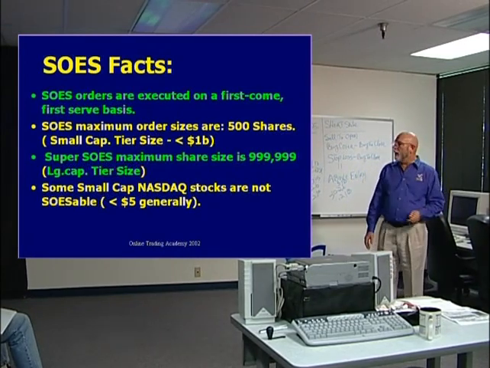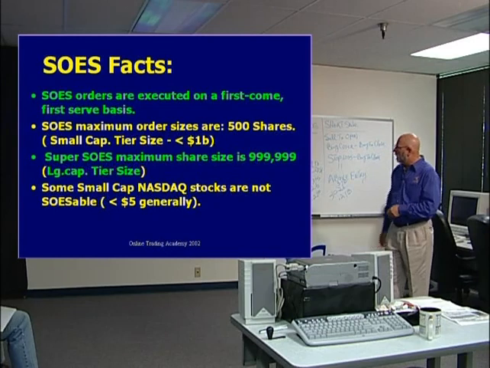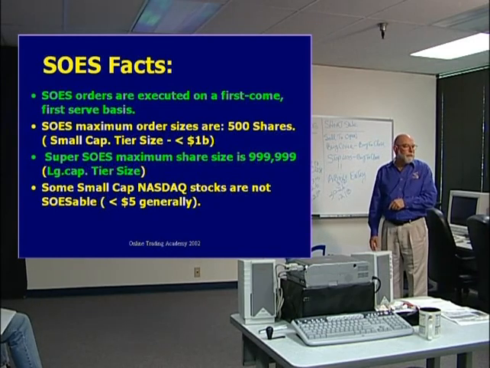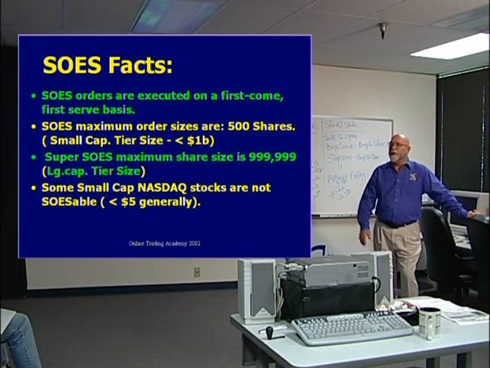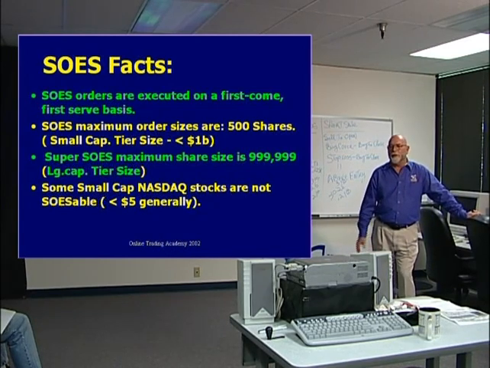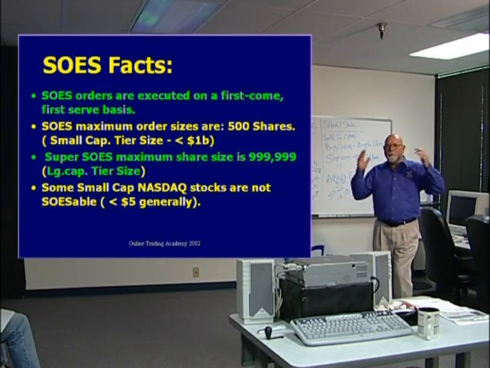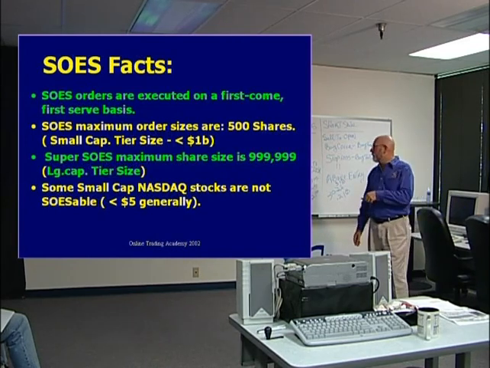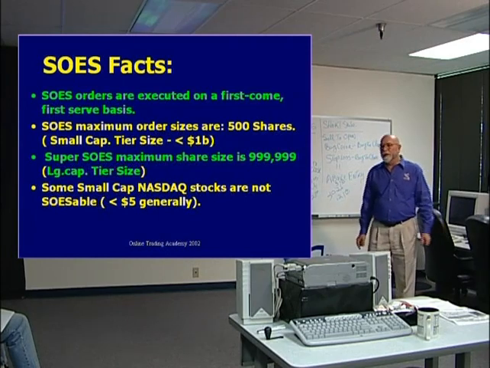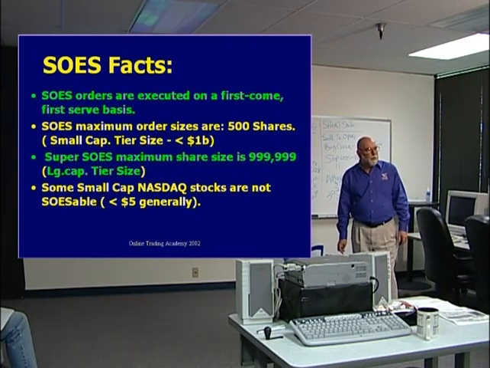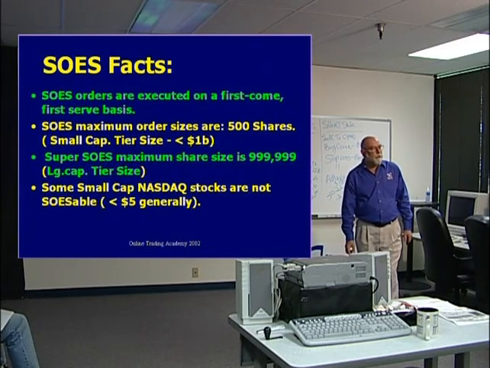Now, they went from a maximum of 1,000 to a little bit more. 999,999. Now, please, don't ask me, why didn't they just make it a nice round million? I don't know. The market makers in their wisdom chose this number. Now, guys, that's pretty much unlimited to us, isn't it? Are you going to buy 900,000 plus of anything twice?